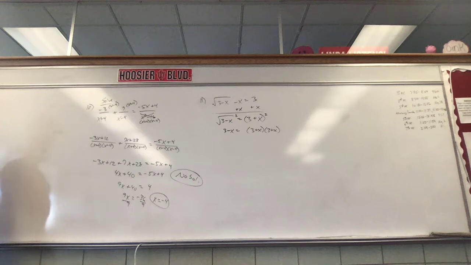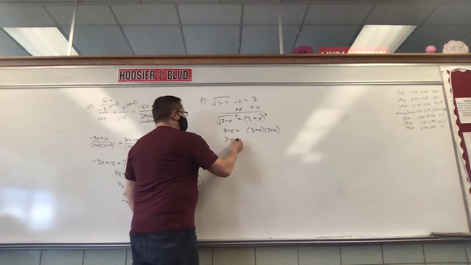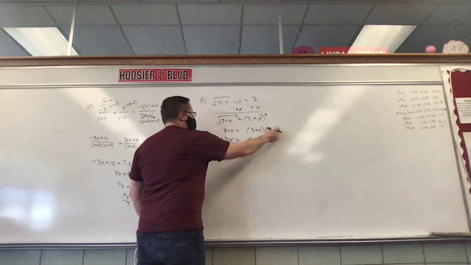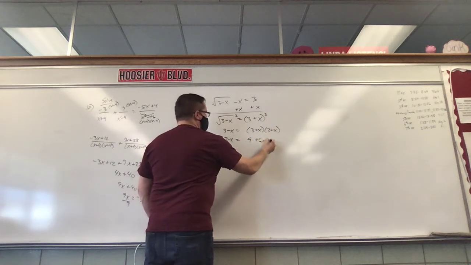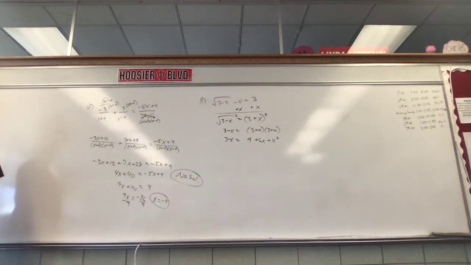Now what? One word. FOIL. 3 minus x equals 9. Outers are 3x, inners are 3x, together it's 6x. Last is x squared. Now what?